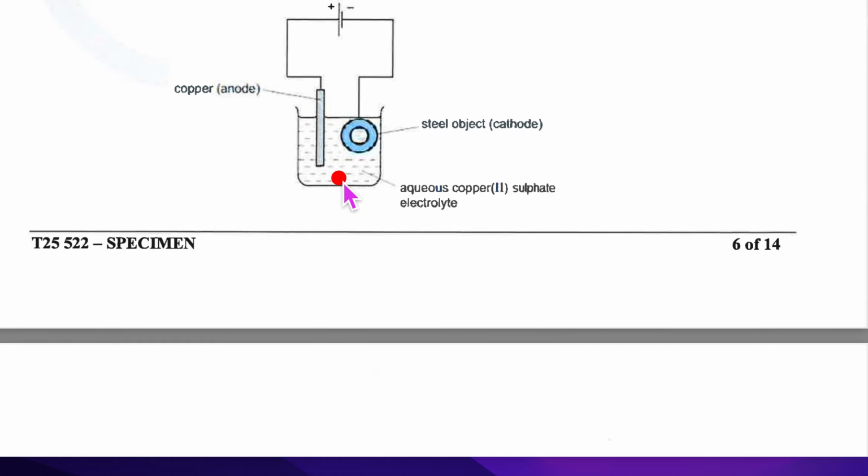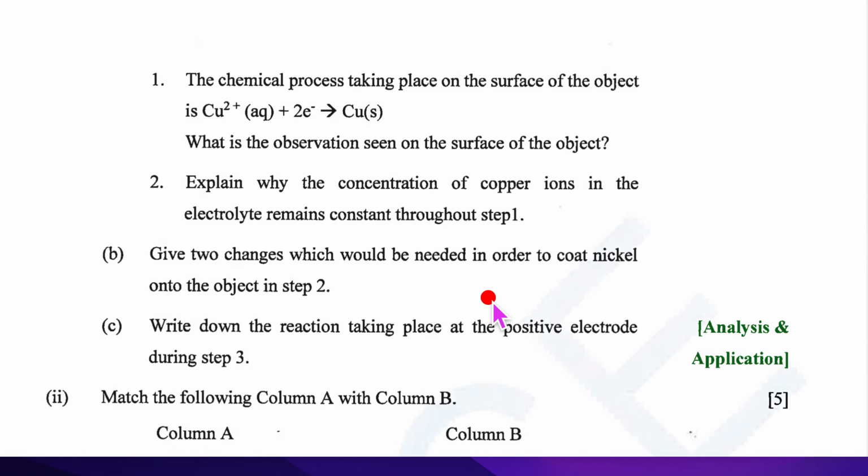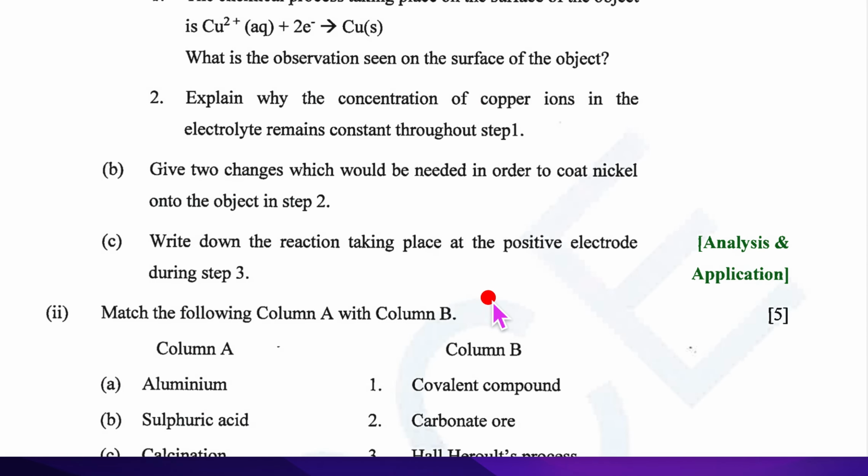That is because the copper ions which are discharged at the cathode as neutral atoms are replaced by a copper atom losing electrons and becoming an ion. So the concentration of copper 2 plus ions in the electrolyte remains the same. You'll have to write it down properly, underlining the keywords.